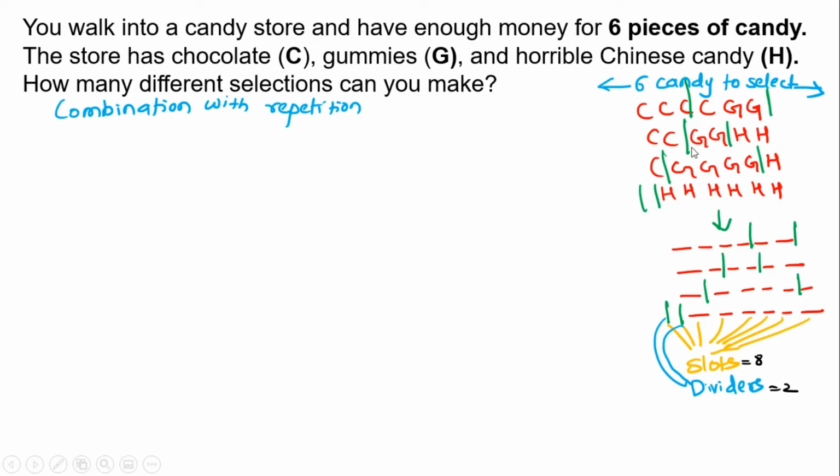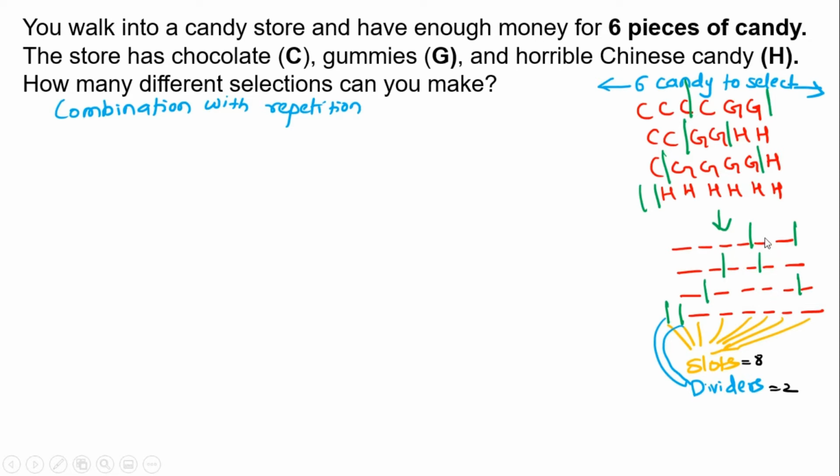So in total, for all of these possibilities, we have 6 candies to select and 2 dividers. If we calculate how many slots there are: 1, 2, 3, 4, 5, 6, 7, 8. So 8 slots are there, among which 2 are dividers and 6 are places for candy.